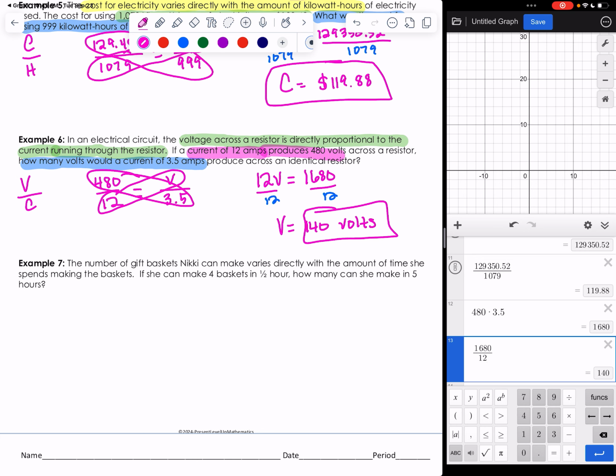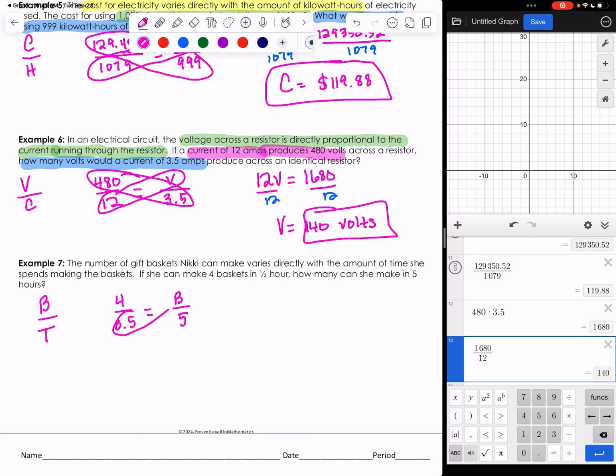All right, this told me the number of gift baskets she can make, so baskets, varies directly with the time. Then I knew that she could make 4 baskets in 1/2 hour, so I said 4 over 0.5. And I wanted to know how many baskets she could make in 5 hours.